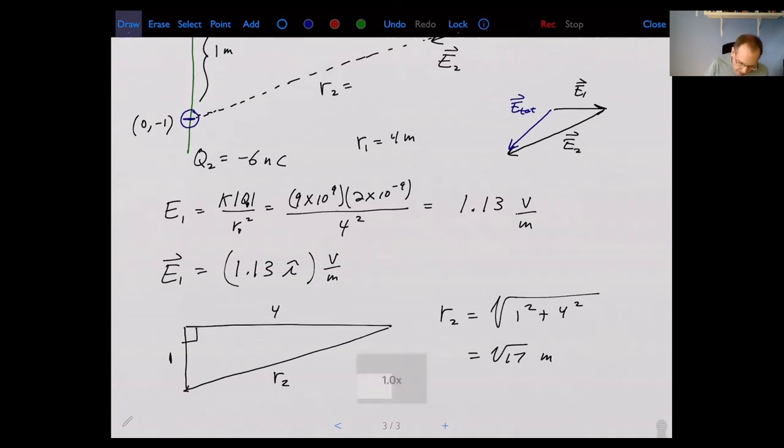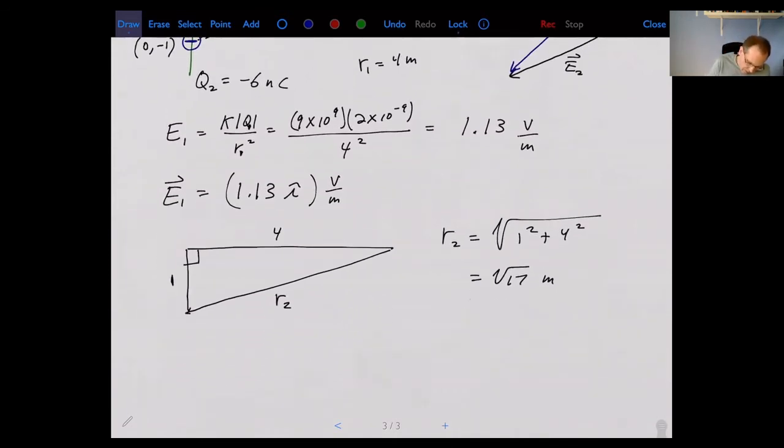So that means the magnitude of E2 is going to be K times Q2 divided by R2 squared. So this will be 9 times 10 to the 9th times, I just want positive, so it'll be 6 times 10 to the negative 9th, because Q2 is negative 6 nanocoulombs, but we want the absolute value, just the magnitude.